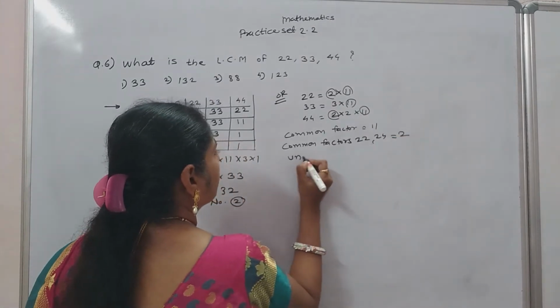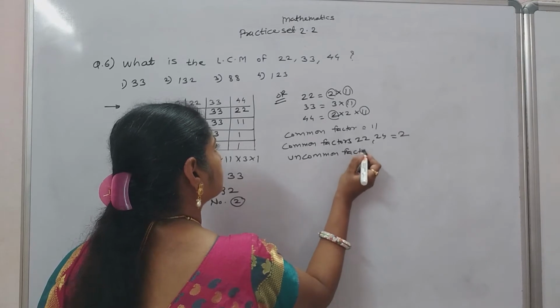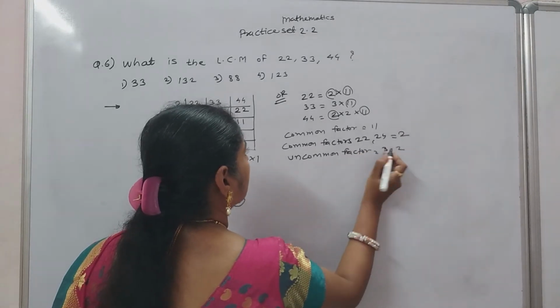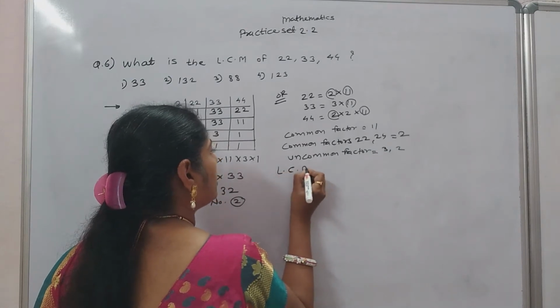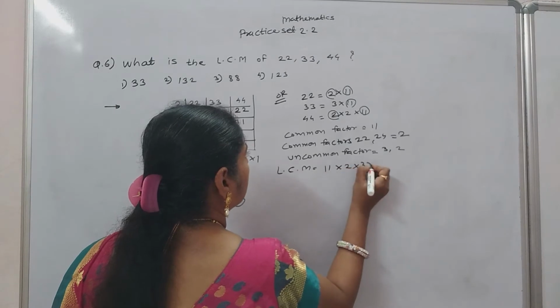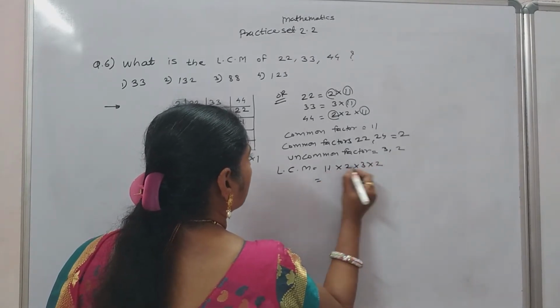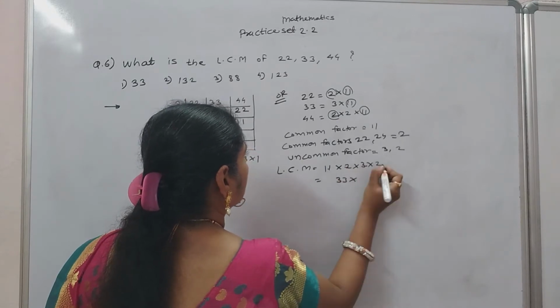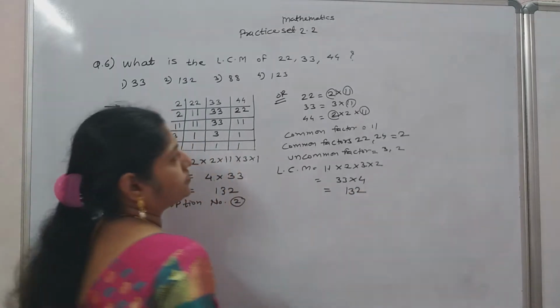So the uncommon factors are 3 and 2. Now LCM equals the multiplication of all these numbers, 11 into 2 into 3 into 2: 11 2s are 22, 11 3s are 33, 2 2s are 4. So our answer is 132.